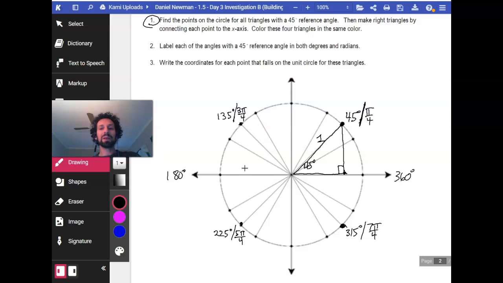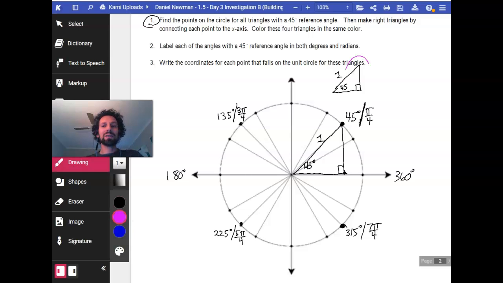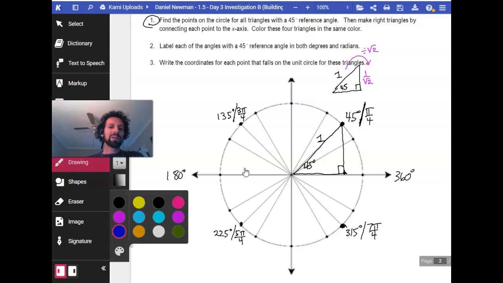Important thing to remember is that in a 45, 45, 90 triangle, if we want to go from the longer side, which in this case is 1, to the shorter side, we need to divide by rad 2. And so that gives us 1 over rad 2 units for the shorter leg. But we got to rationalize that.